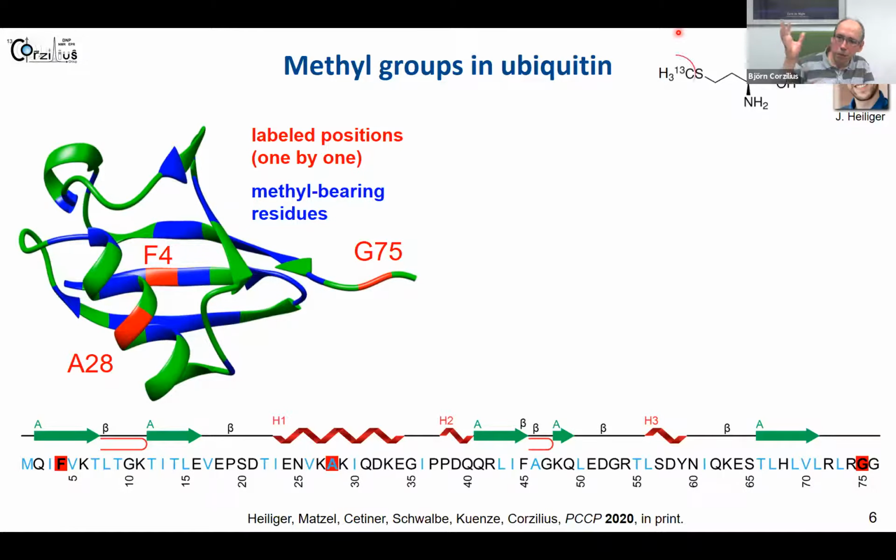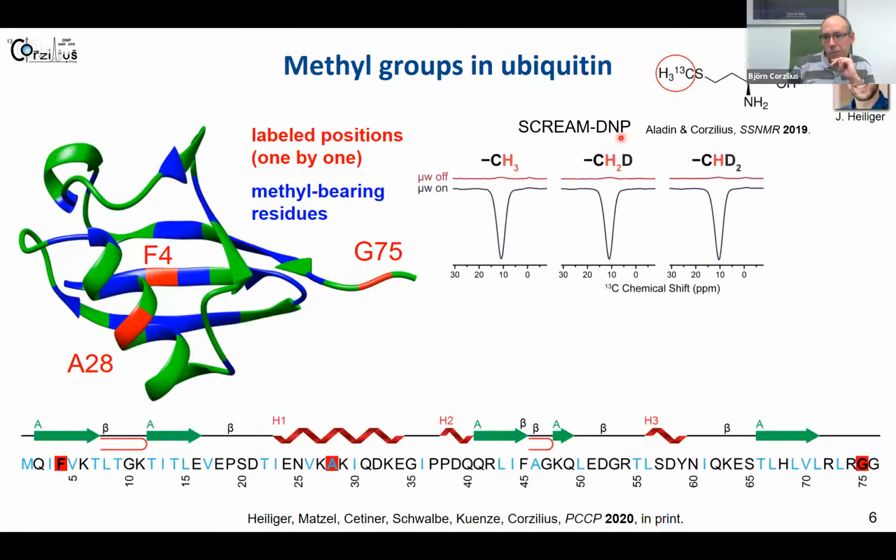And in methionine, we have a really mobile methyl group. And we've already shown that we can nicely probe the cross-relaxation propensities in this methyl group by so-called screen DNP, where we use the nuclear Overhauser effect under DNP conditions in order to get this very specific cross-relaxation enhancement. And we can see here that by looking at different isotopomers of methionine, we get practically the same cross-relaxation rate or efficiency as long as we have at least one proton in this methyl group.